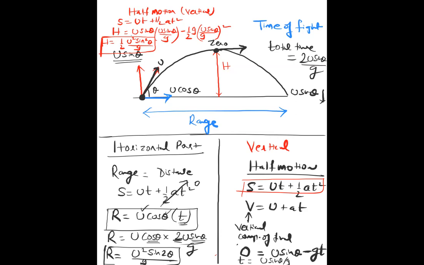And we got three fundamental formulas. First is the formula for total time. Second formula is for maximum height. And third formula is for the range. All three are very, very important formulas, extremely important formulas. Okay. Theta is the angle of projection. U is the initial velocity. Clear to you all?